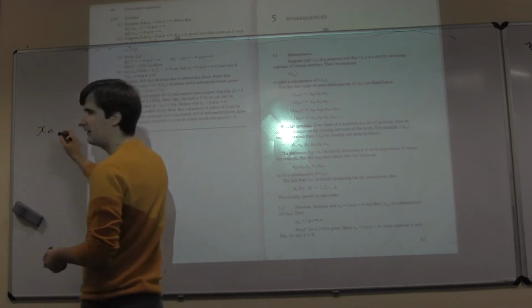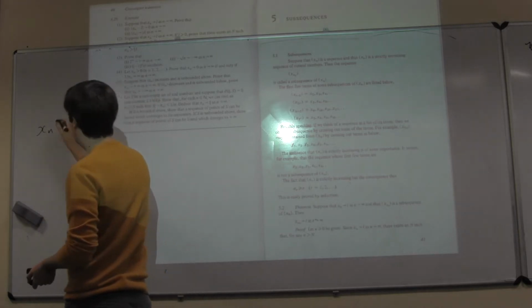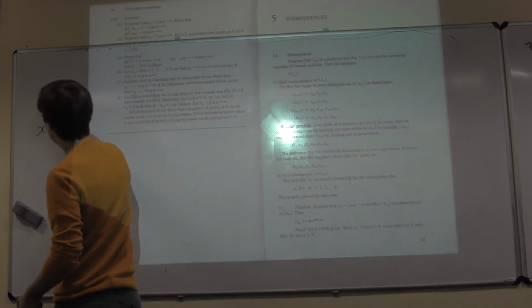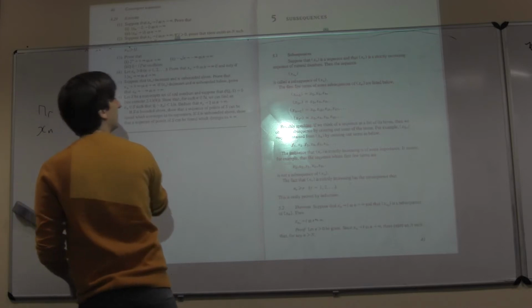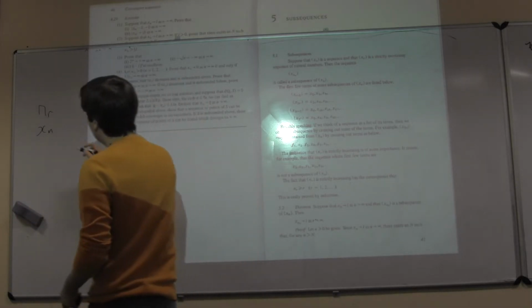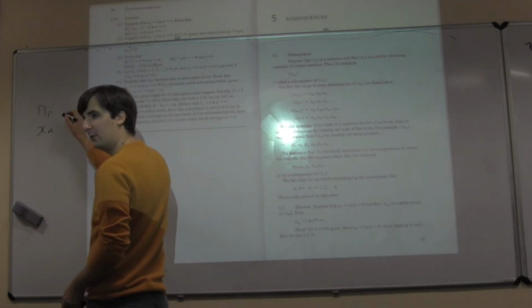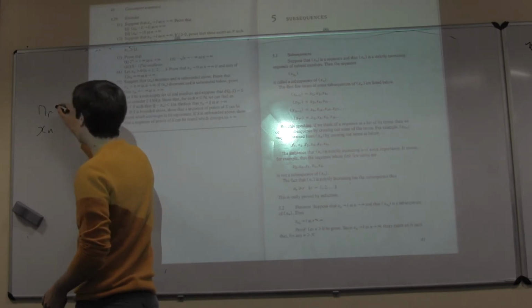If xn is some sequence of real numbers, and suppose n_r, is that the notation they use? That's a sequence of natural numbers, and it's strictly increasing.